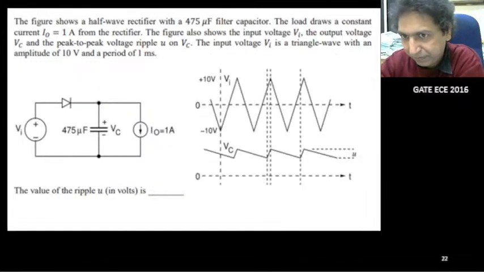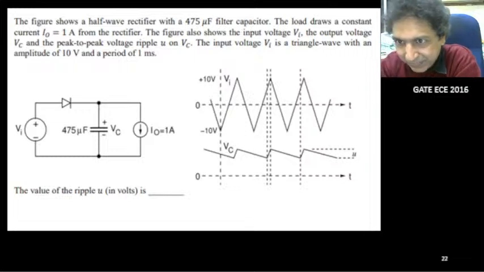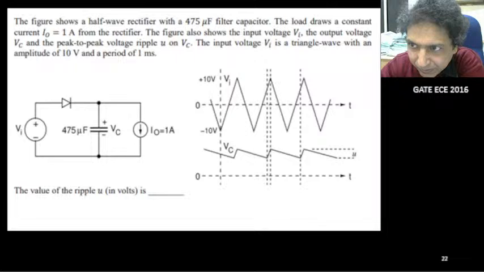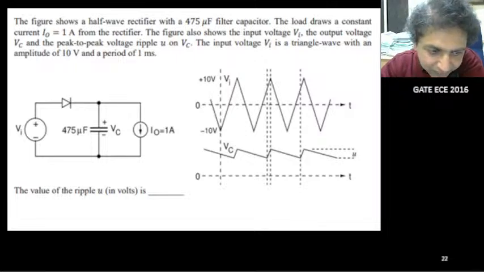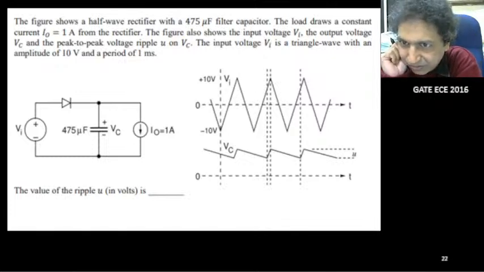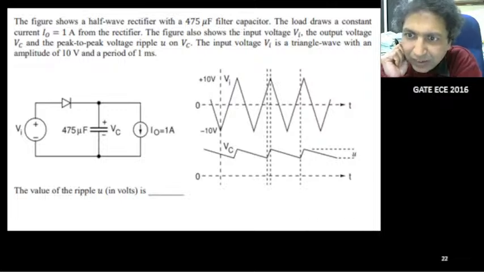This one. This is another difficult problem. It appeared in GATE ECE 2016. So we have one diode, one capacitor, and one current source. This current source is actually the load current, and they have said that it is a constant current source.